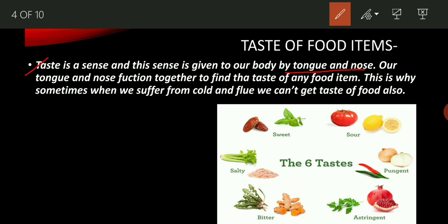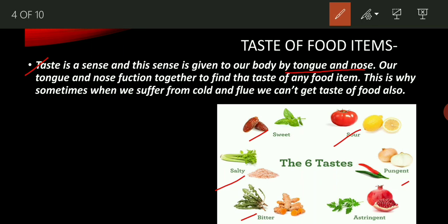All right, and now the taste of the food items. Students, there is a large variety of tastes of food items. You take everyday food items and you are getting different types of tastes. But basically we have to know about some types of taste, that is sour, pungent, astringent, bitter, salty and sweet.